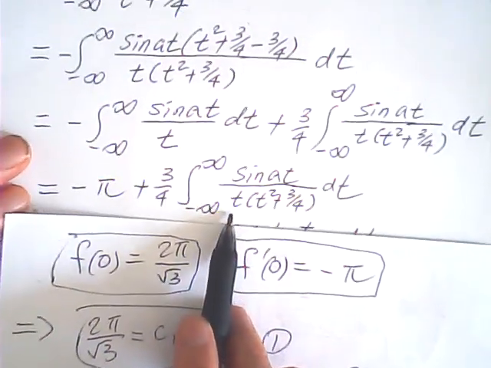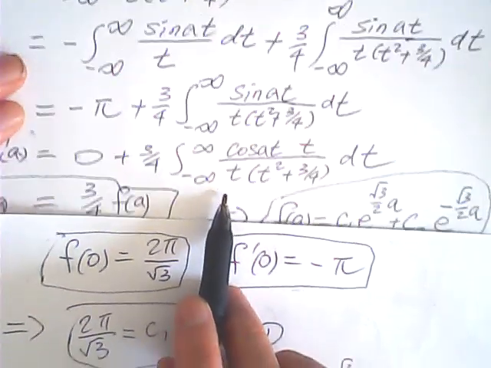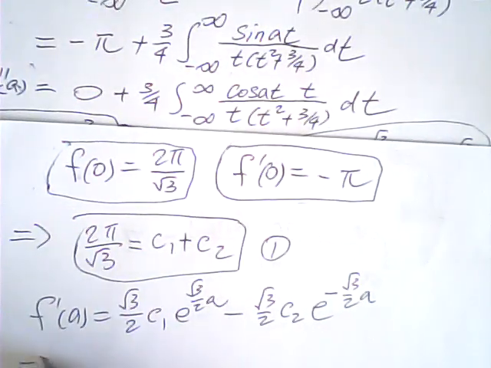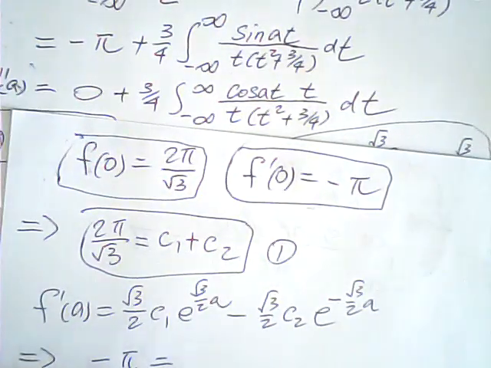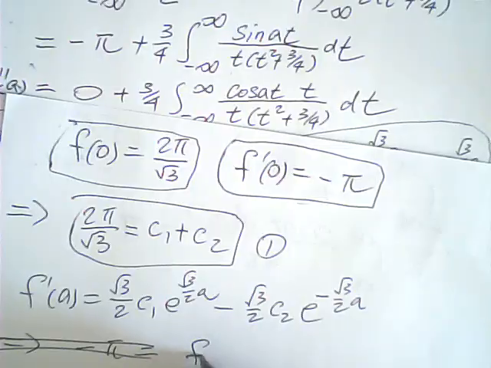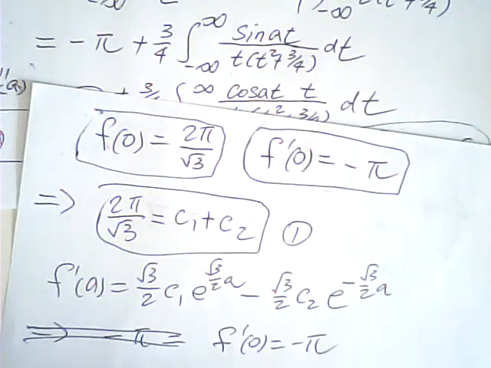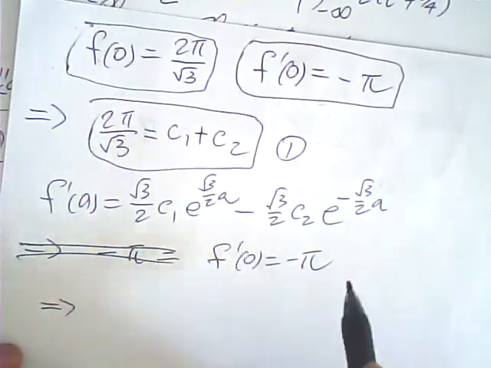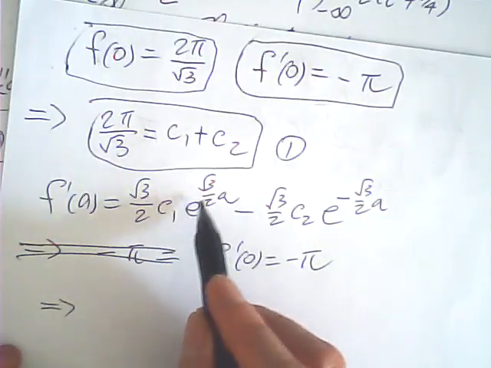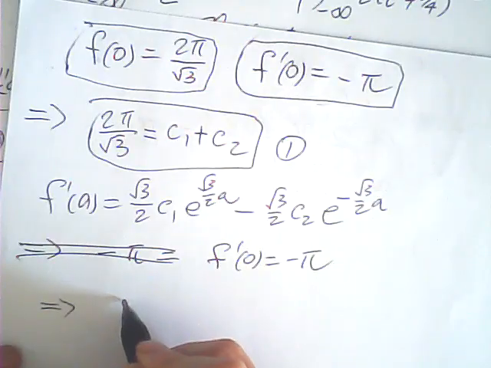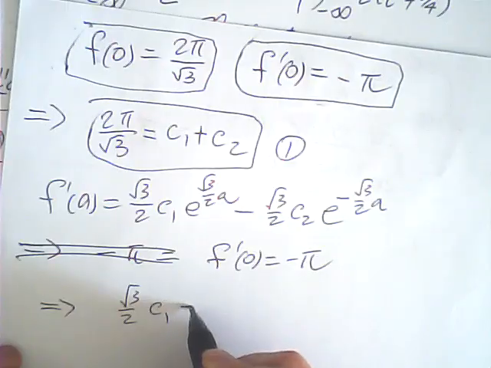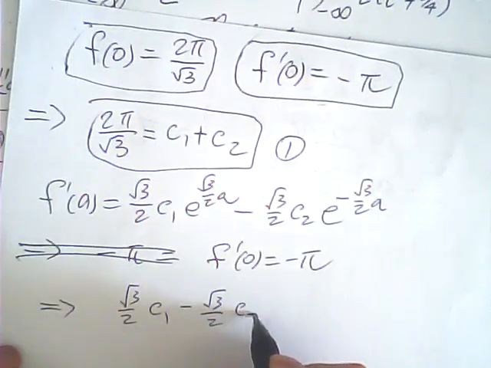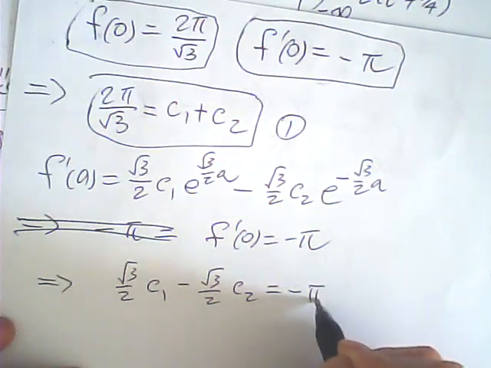When a is 0, the exponentials equal 1, therefore root 3 over 2 c1 minus root 3 over 2 c2 is equal to negative pi.